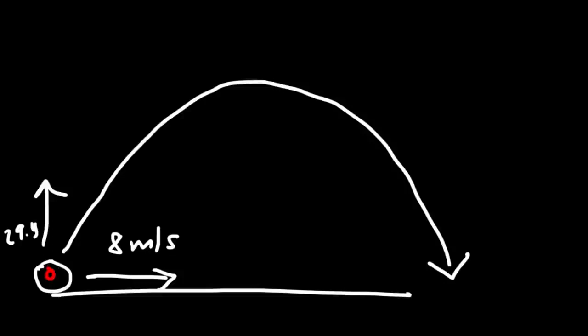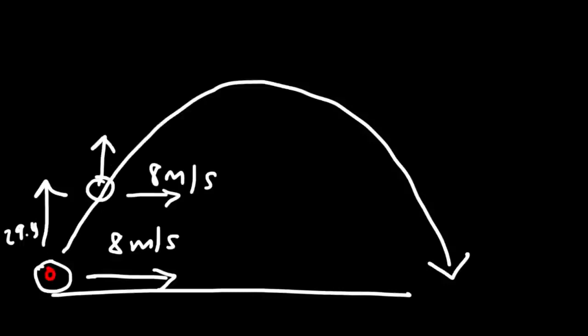What's going to happen 1 second later? What's going to happen to Vx and Vy? It's important to understand that Vx will not change for projectile motion. Gravity does not affect Vx, it affects Vy. So 1 second later, Vx will still be 8 meters per second, and Vy is going to decrease by 9.8 meters per second every second.